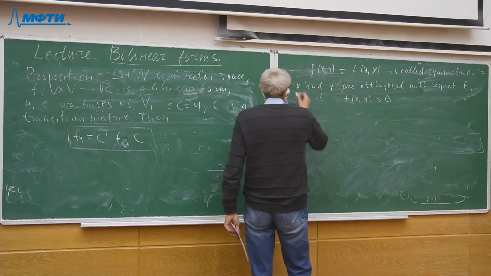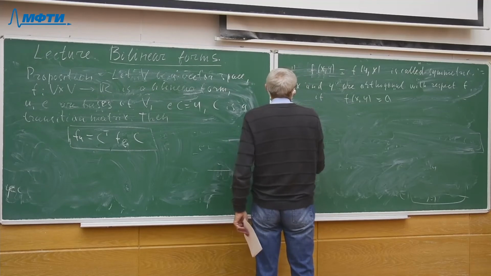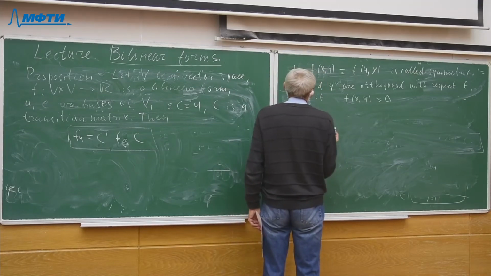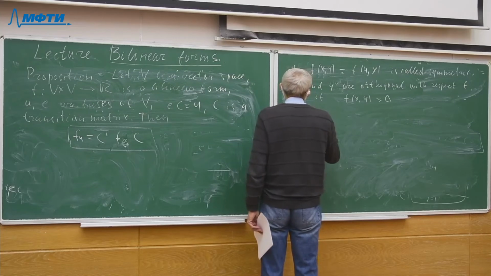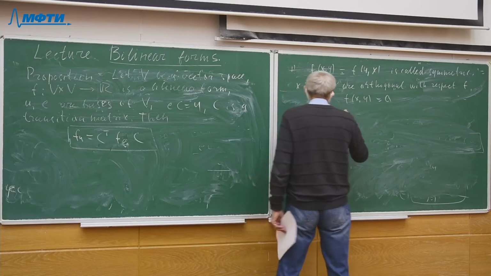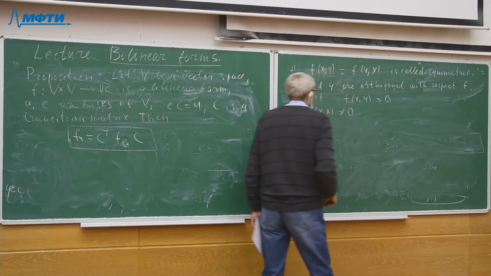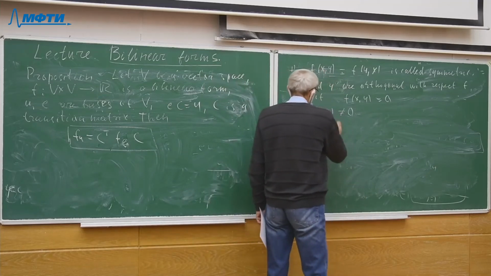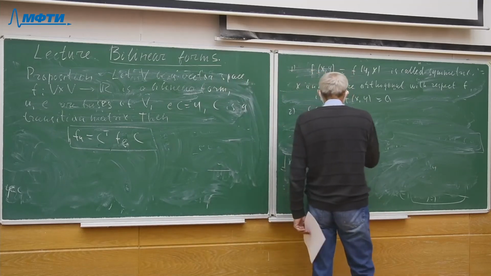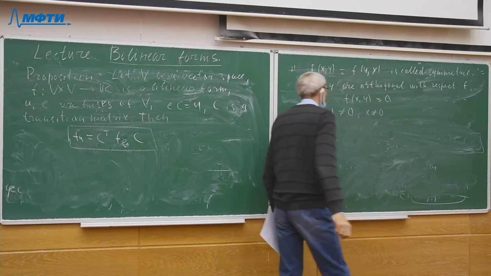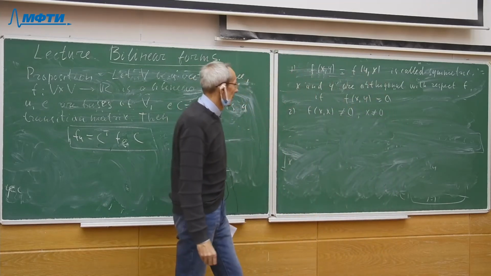And we also suppose that the bilinear form F(x, x) is not equal to 0 if x is a non-zero vector.